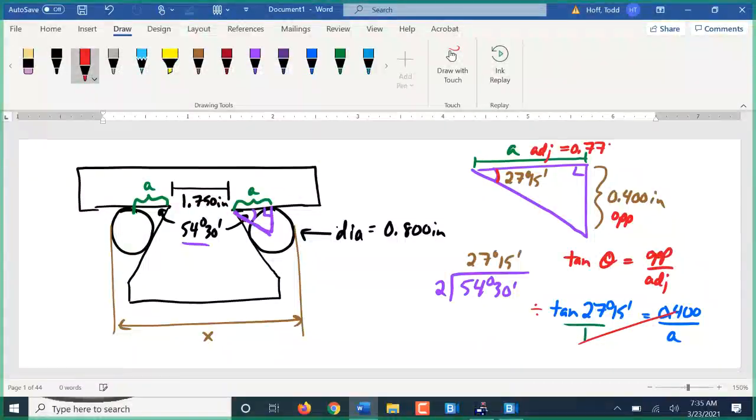We'll round that to 3 decimal places. That's 0.777. This is 0.777. Now we still need the distance from here to here. Well, that's just the radius of our circle. That's just 0.40 on each side.